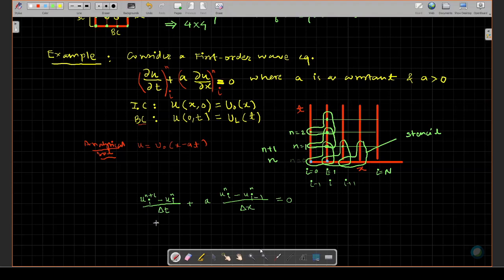So this is a forward difference in time, and this is a backward difference expression in space.